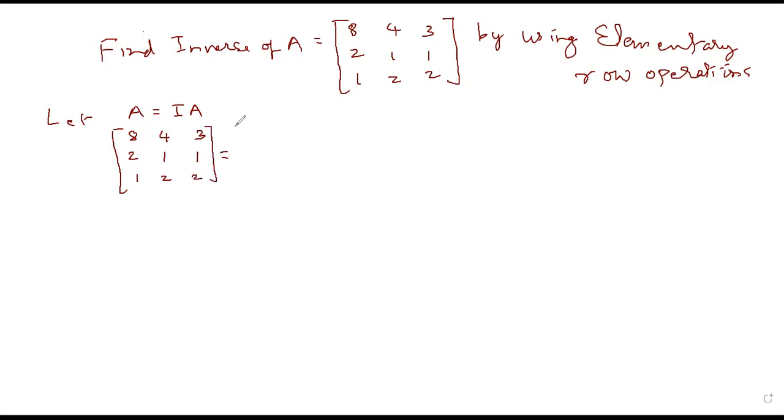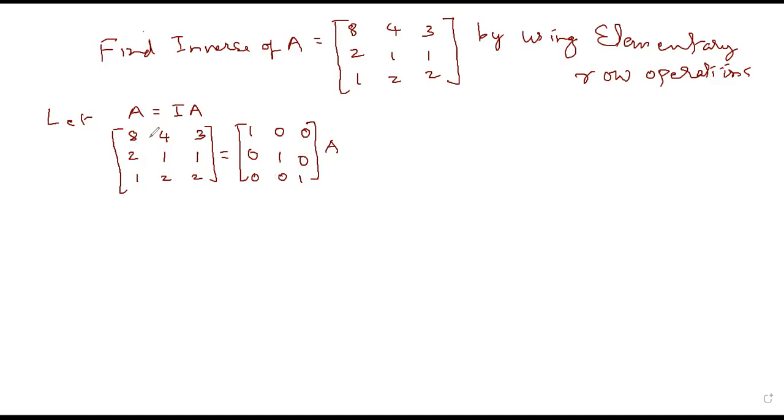And on the right hand side you will write the unit matrix 1, 0, 0, 0, 1, 0, 0, 0, 1 and A as it is. Now we will try to make the left hand side as I.